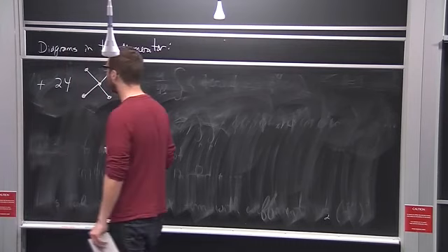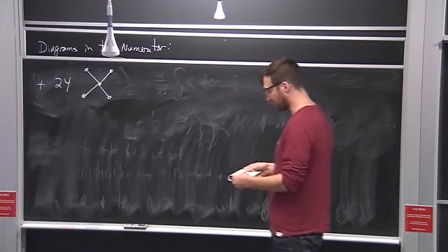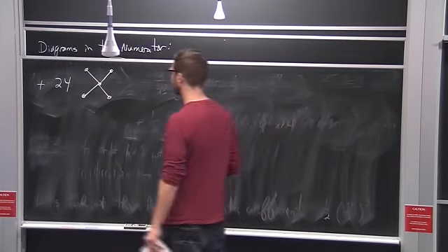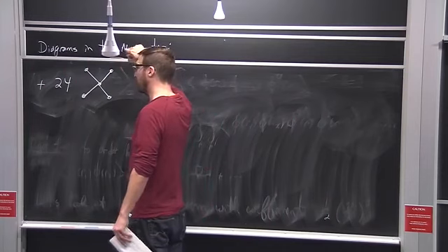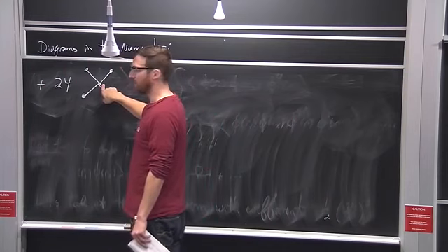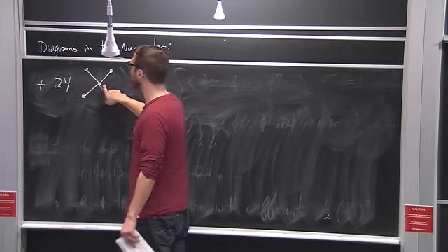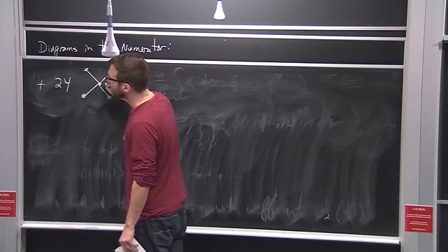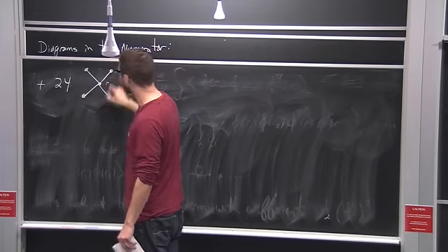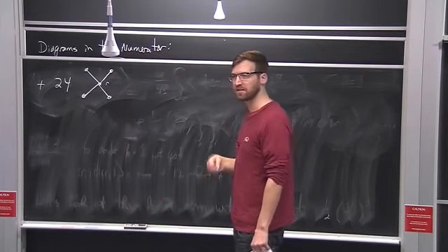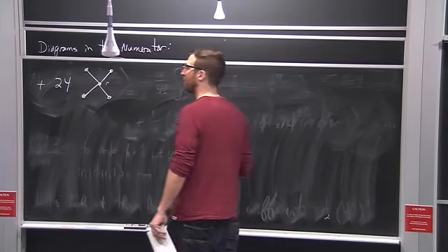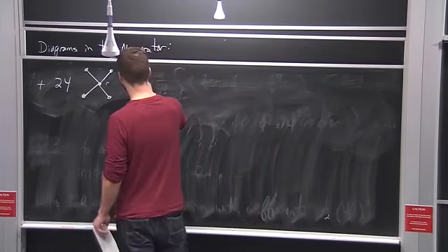So you have another thing that's like that. There's 24 graphs that look like that. That's not a vacuum graph. That interaction vertex, the phi 4 vertex, the one that's labeled R, is connected somehow to the R1, R2, R3, R4.